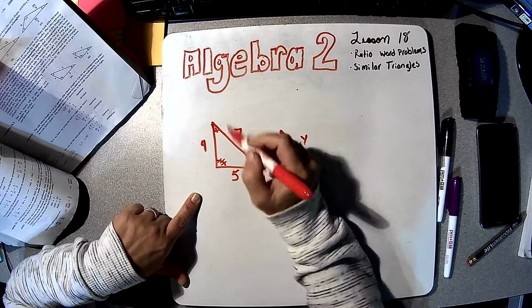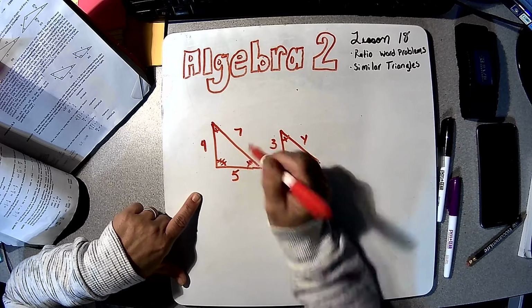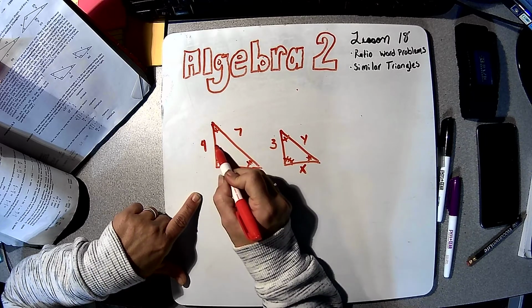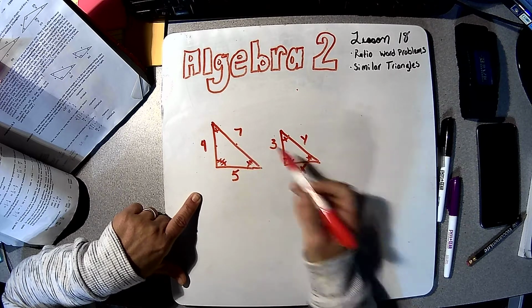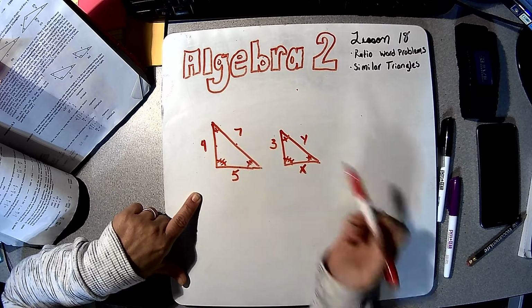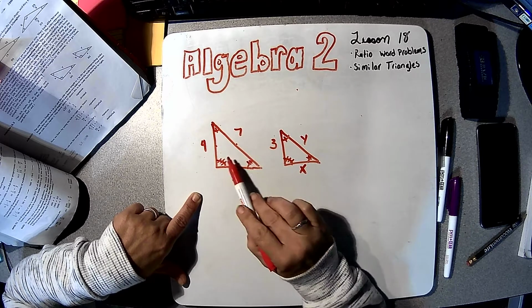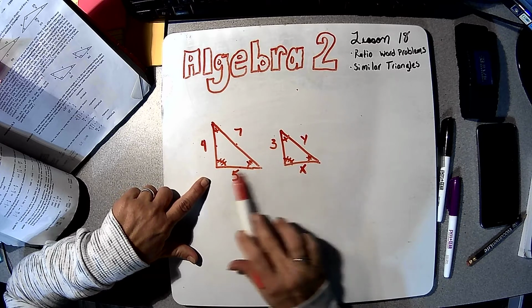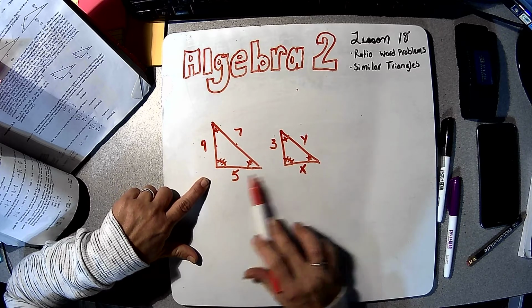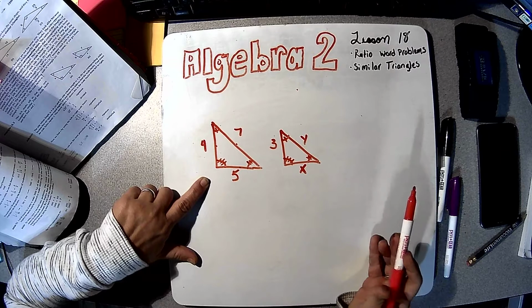Now we know that this angle right here, its corresponding side would be its opposite side, and this angle, its opposite side would be there, and this angle, its opposite side would be there. So if these angles are the same, that means there's a scale factor between these side lengths, so they're proportional.